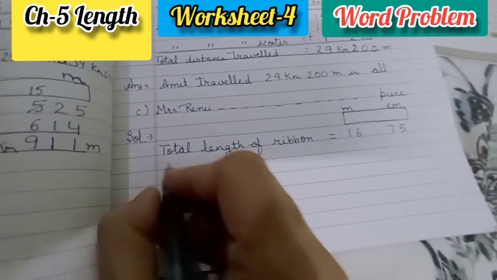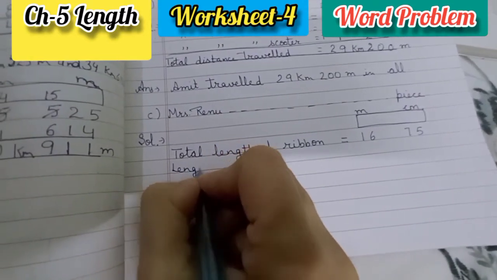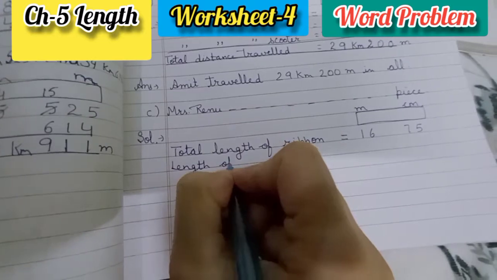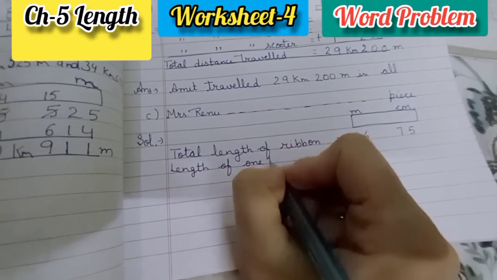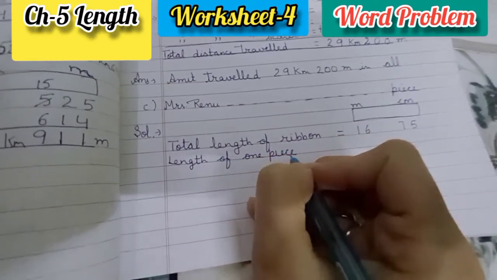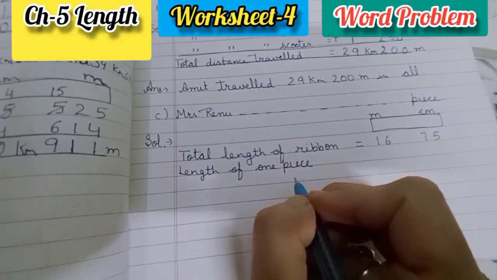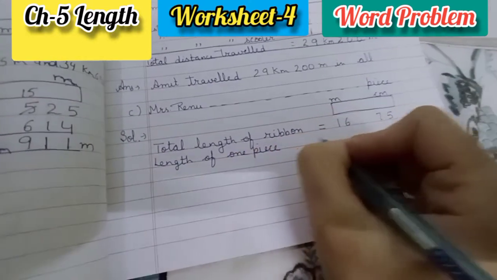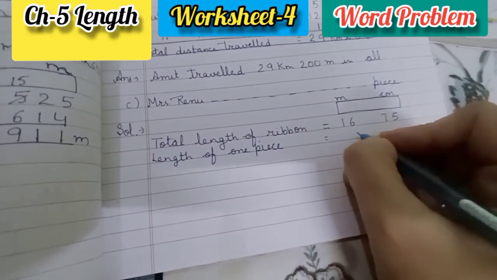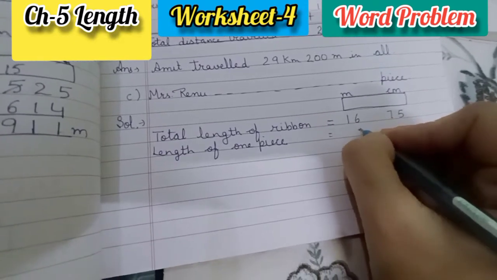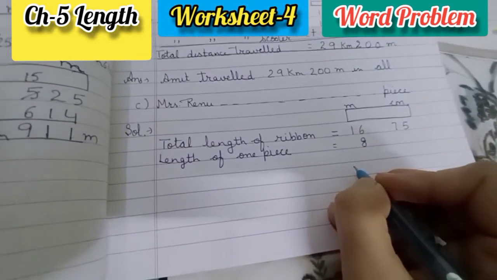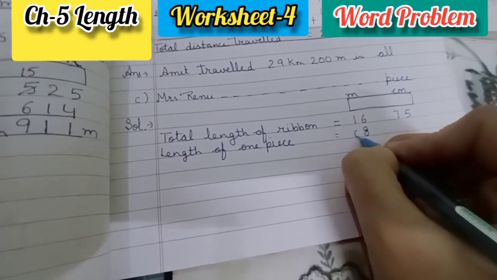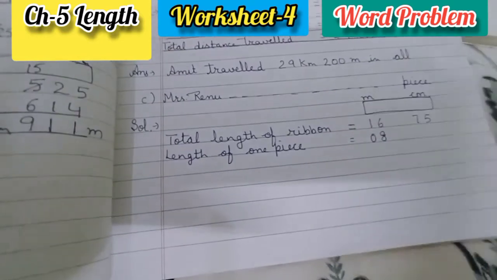Now we have length of one piece, that is 8 meter. 8 means 08. So you will write like this.